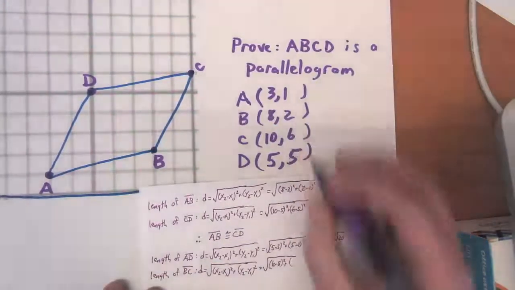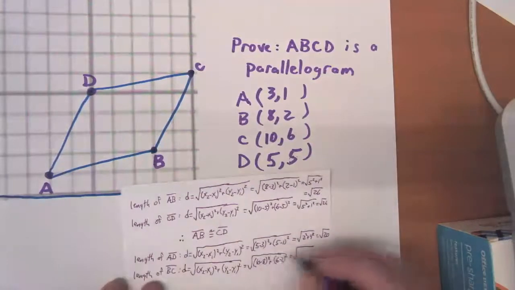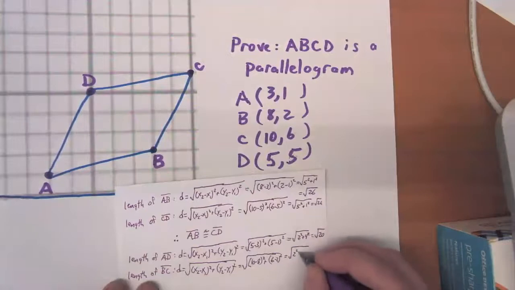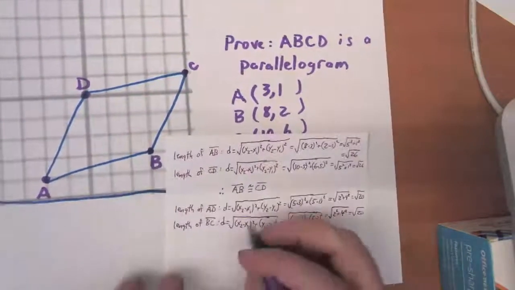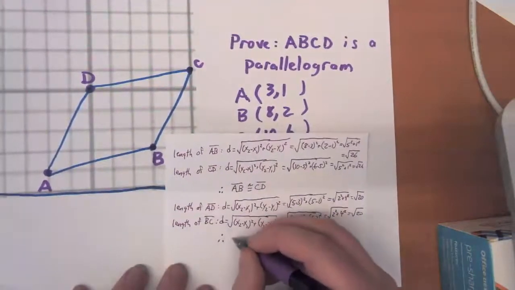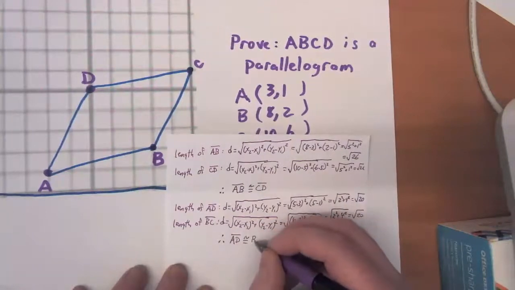The difference in the y coordinates is 6 minus 2 squared. 10 minus 8 is 2 squared. 6 minus 2 is 4 squared. So once again, we get that same sum of the square root of 20. So therefore, AD is congruent to BC.